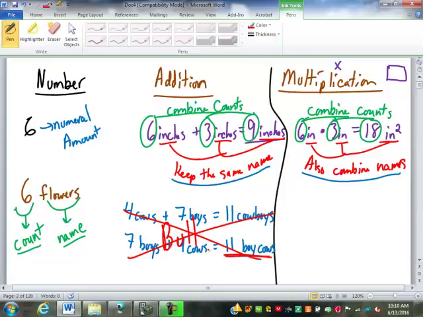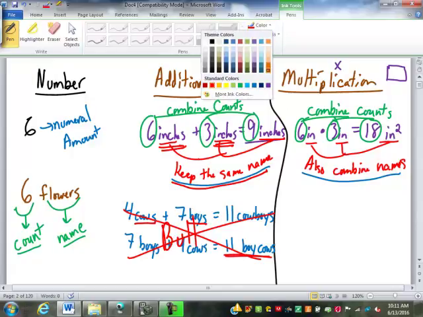But anyway, there's a point behind that. I cannot combine cows and boys with addition because when I add numbers, I need to keep the same name, which implies I have to start with the same name. I could add 6 inches and 3 inches because they both were inches. I cannot add cows and boys because they're not the same name.